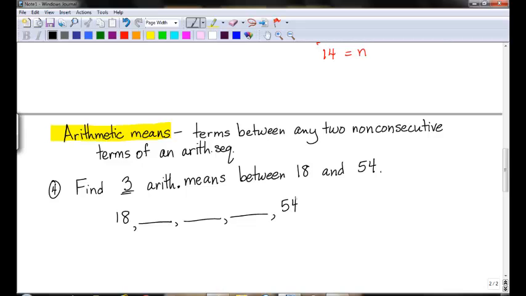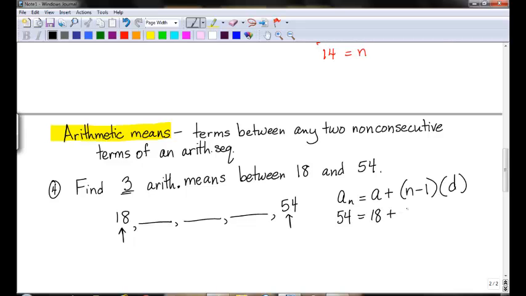Same formula. A sub n equals a plus n minus 1 times d. So our a sub n is this last term. A sub n is the nth term or the last term. So I know this is 54. The a is the first term. I know this is 18.